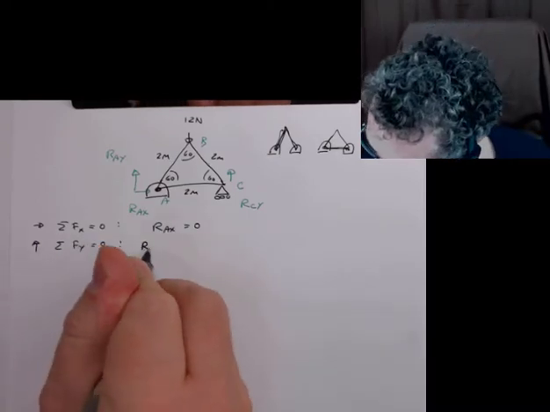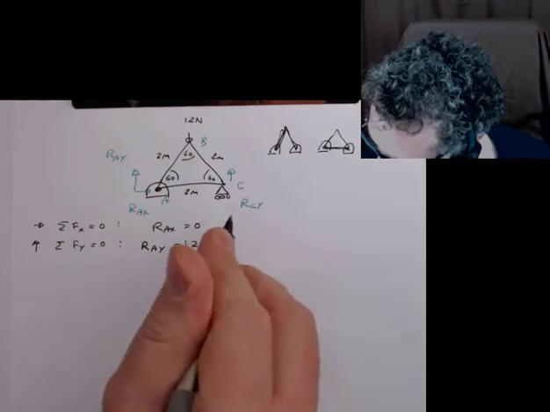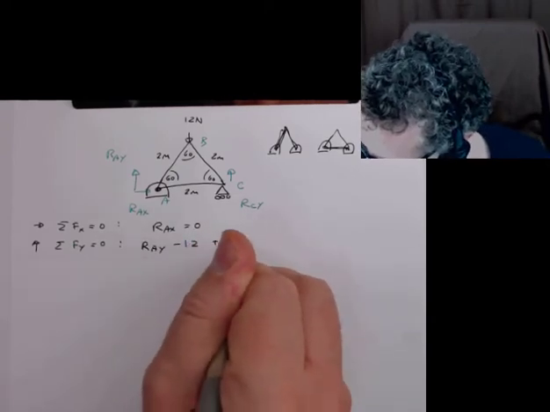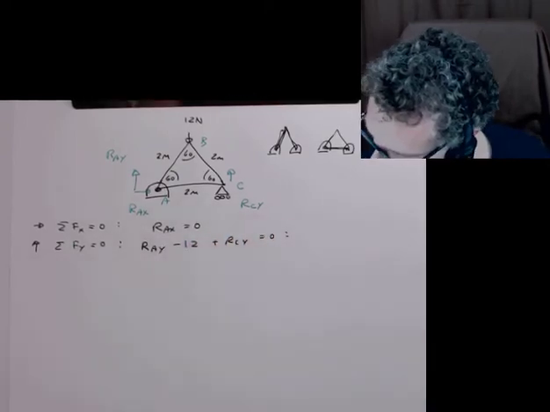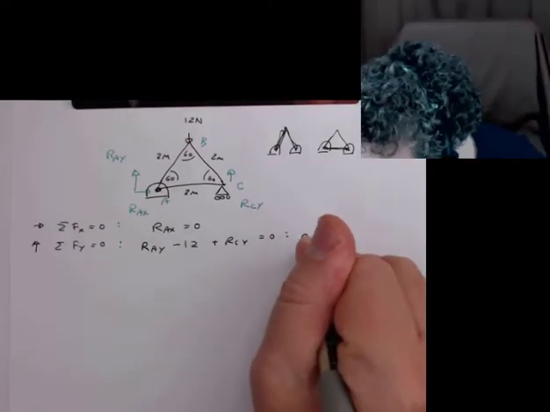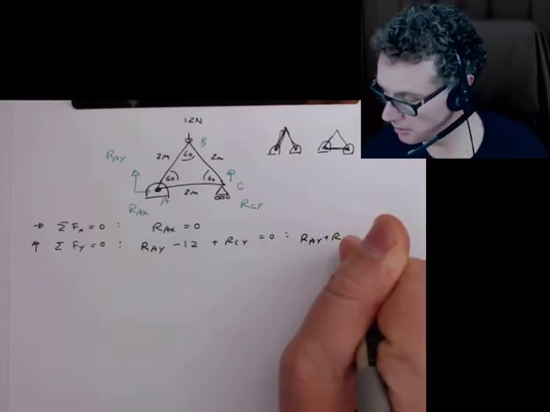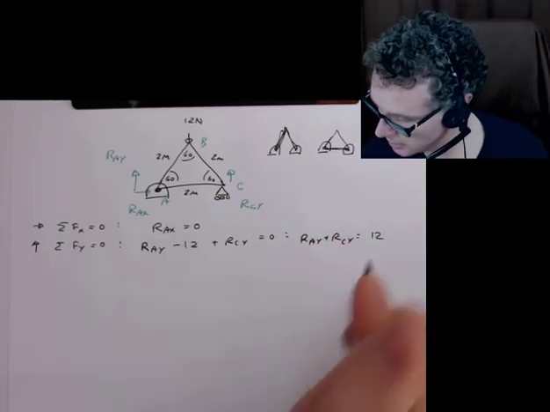That's going to be RAY, 12 is coming downwards, and then we've got an RCY going upwards. So let's rewrite that, unknowns on the left: RAY plus RCY equals 12.